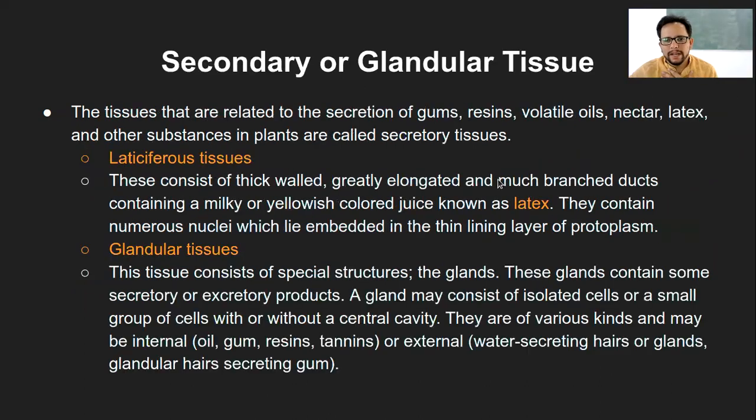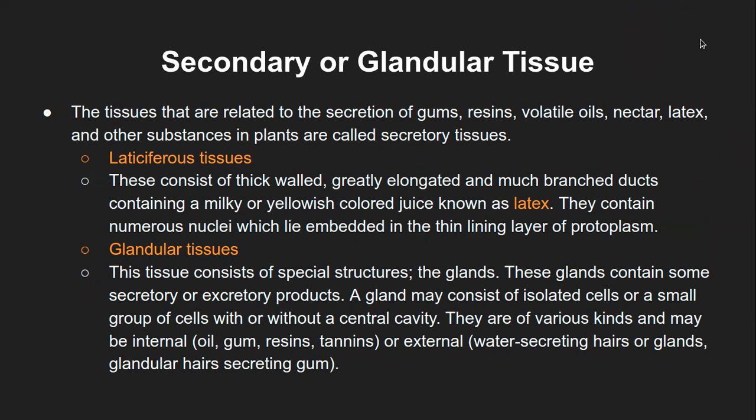Okay, so then another specialized type of tissue present in plants is called secondary tissues or glandular tissues. Now the name itself says, if they are glandular, that means they are going to secrete some substances. They are also called secretory tissues.